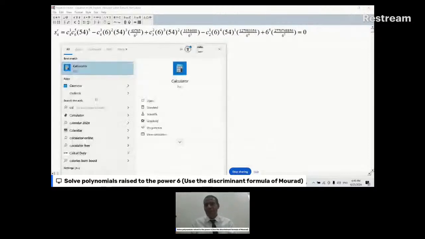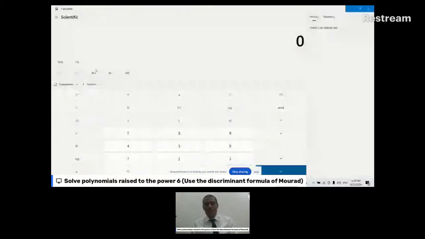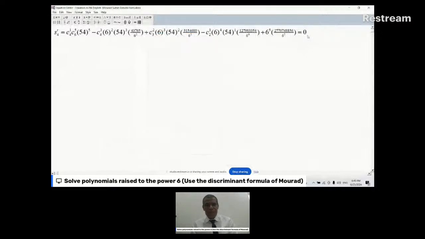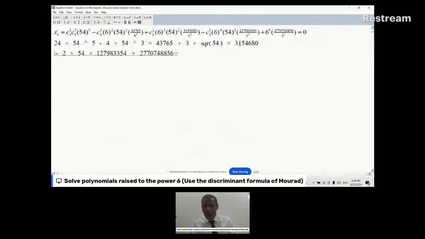Don't cross it. I will make it bigger. Therefore, this is what I paste. I will try to make it small, or I'll make an enter here.